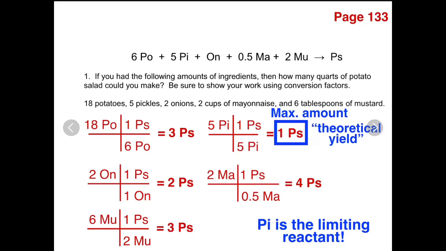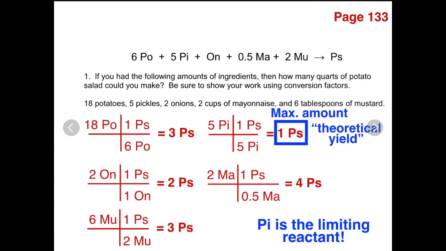Again, the reason is that you cannot make 5 potato salad, because you're going to run out of pickle first, right? You are going to be able to make only 1. Same thing, you're not going to be able to make 4 potato salad, because you're going to run out of pickle, since the recipe requires 1 to 5, right? You are only going to make 1 potato salad in this case. That's how we are going to look at the next example.